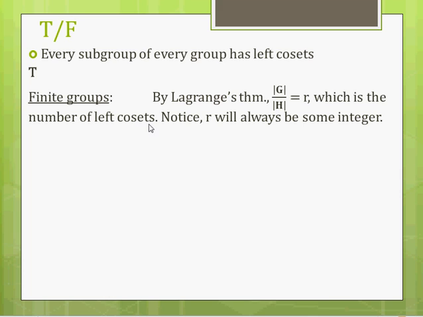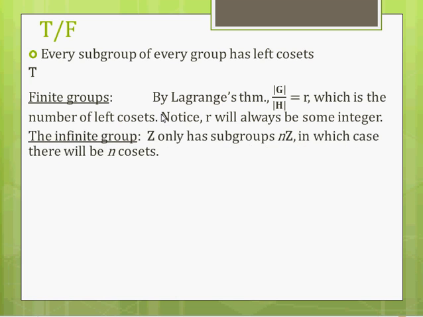If we have a subgroup, for finite groups we're going to get some number R, which is a whole number, which represents the number of cosets. So it's definitely going to have left cosets, since that R is going to be a whole number. By the way, this isn't a formal proof. This is just an explanation.